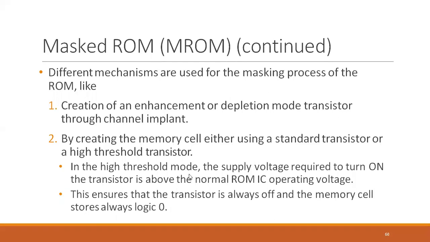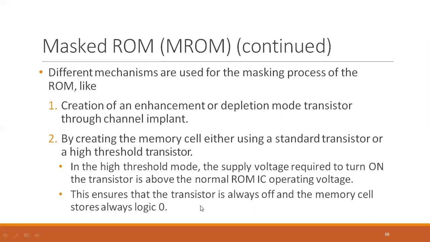In the high threshold mode, the supply voltage required to turn on the transistor is above the normal ROM IC operating voltage. You are supplying this voltage and writing each bit on the MROM.